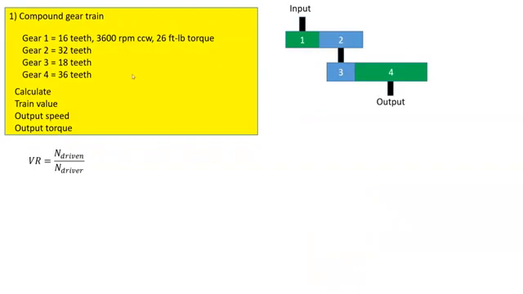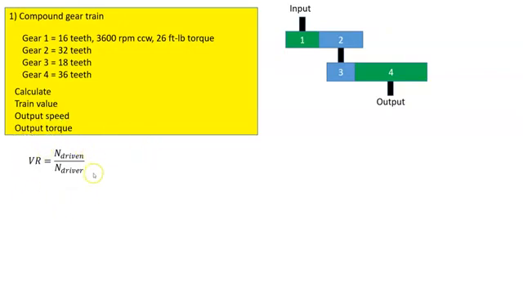So let's work on this first problem. We've got a compound gear train, and you can see the input going into gear number 1 and the output going out of gear number 4. The first gear is 16 teeth, the second gear is 32 teeth, the third gear is 18 teeth, and the fourth gear is 36 teeth. Again, we're trying to calculate the train value, the output speed, and the output torque.